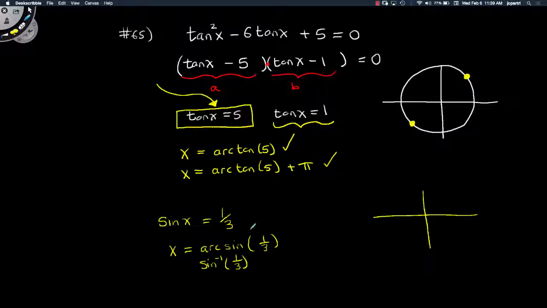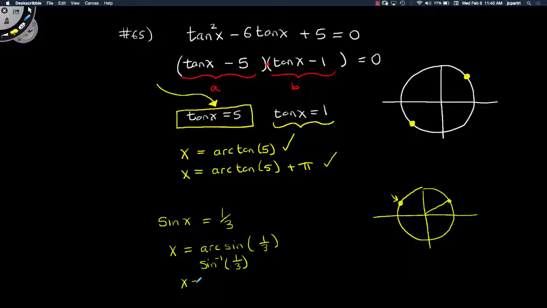All right, when is sine positive? In quadrants 1 and 2. So we'll say sine is 1/3 at about here. Whatever the arc sine of 1/3 is, it's that angle. And so we're not going to add pi to get to the second solution. We're going to take this solution and subtract it from pi to give me this solution right here.